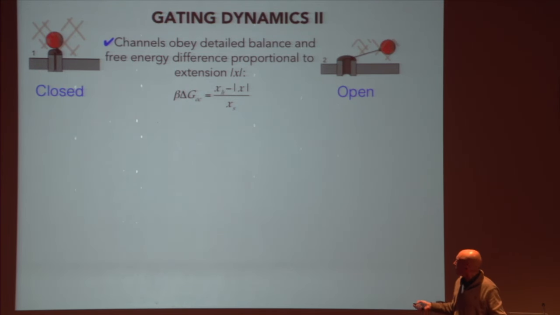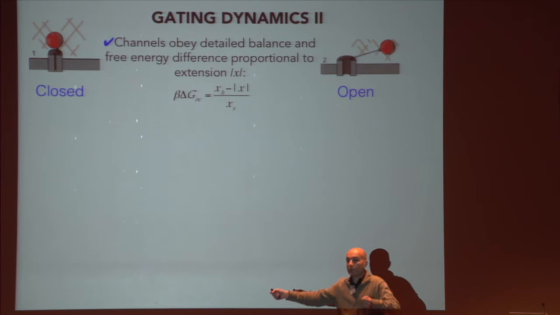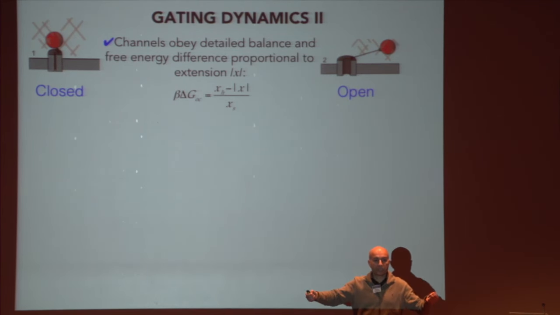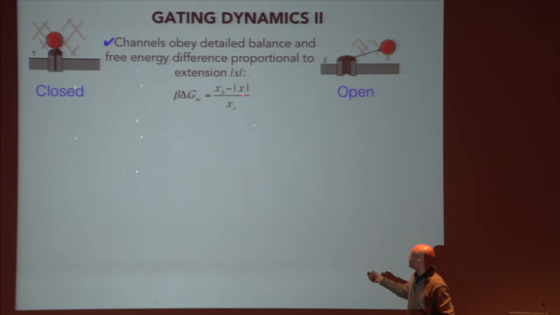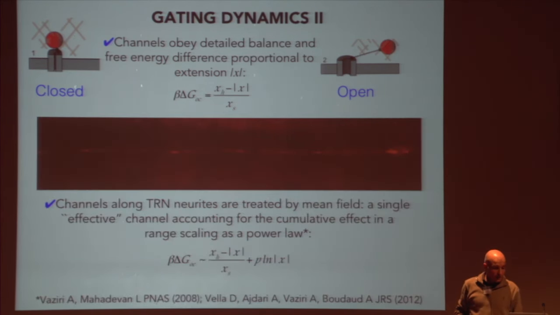So we just assume that they obey detail balance, and the free energy difference is a constant term that makes the difference between the two. And then the stretching of the filament, so if the filament is swinging one way or the other way, it's putting tension, and it tends to open the channel and favor this state over this state when the filament is under tension.